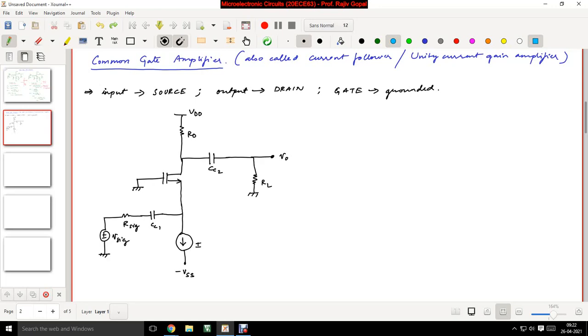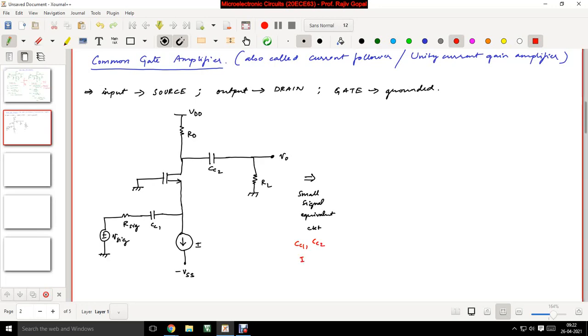So if I actually draw the small signal model, the small signal equivalent circuit, same things, I'll have to get rid of CC1, CC2.